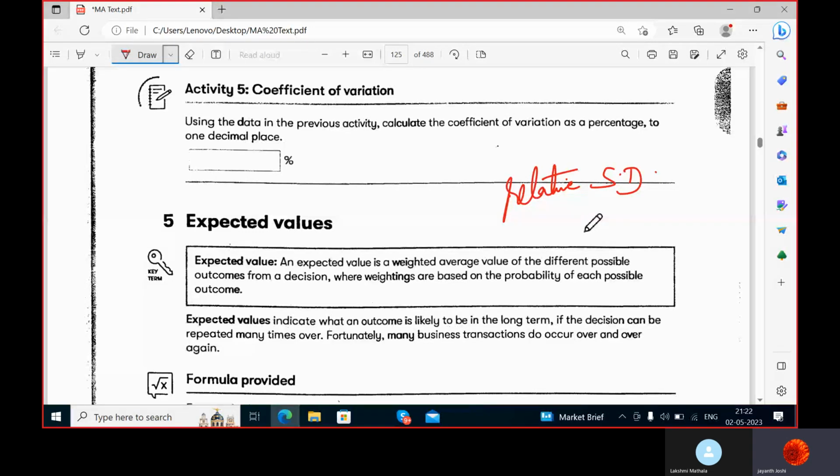Let's say, for example, we have three things here. We have a stock, and the volatility, that means the standard deviation. We have a company stock, and the company's name is ABC.